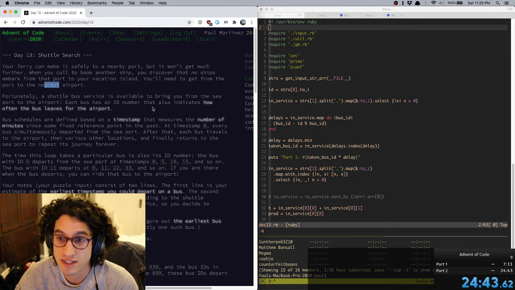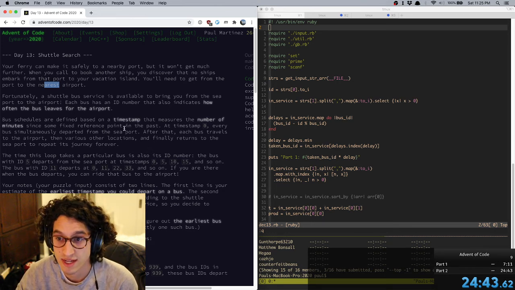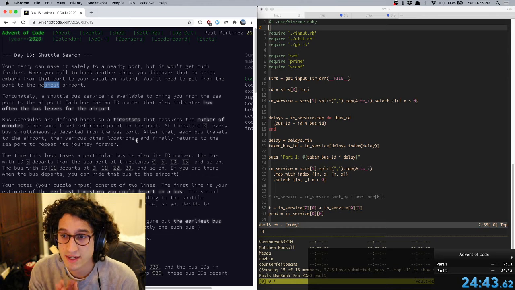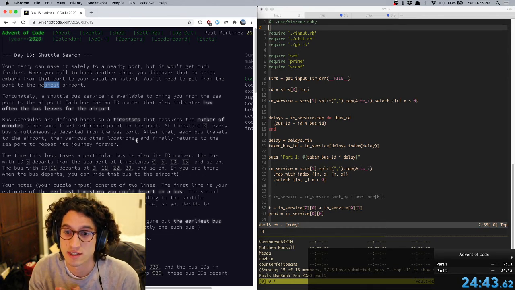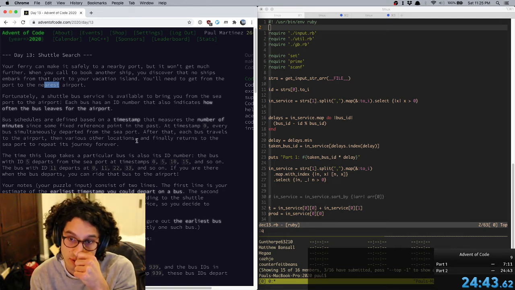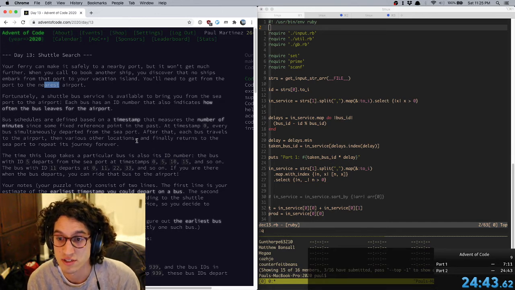Each bus has an ID number that also indicates how often the bus leaves for the airport. Bus schedules are defined based on a timestamp that measures the number of minutes since some fixed reference point in the past. At timestamp 0, every bus simultaneously departed from the seaport. After that, each bus travels to the airport and various other locations and finally returns to the seaport to repeat its journey forever. The time this loop takes a particular bus is also its ID number.